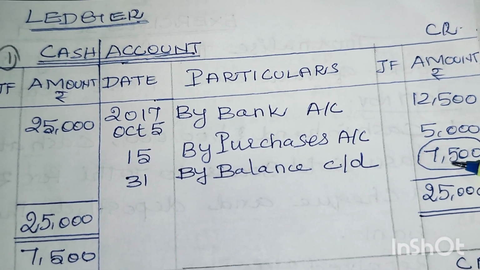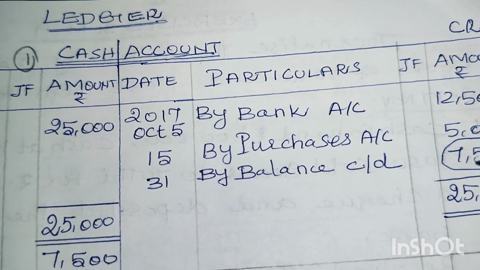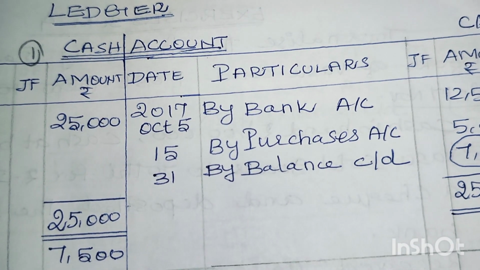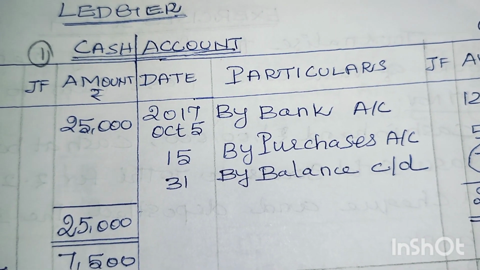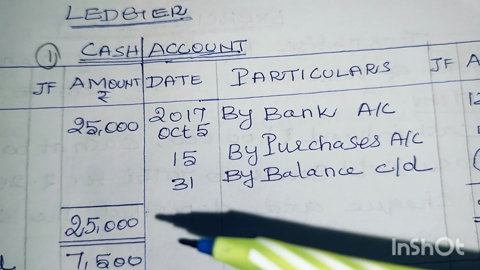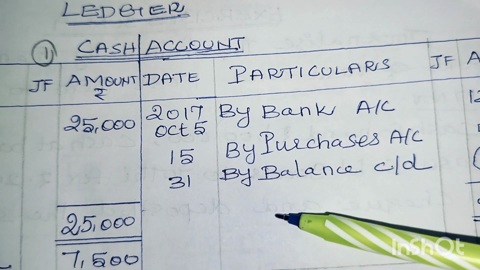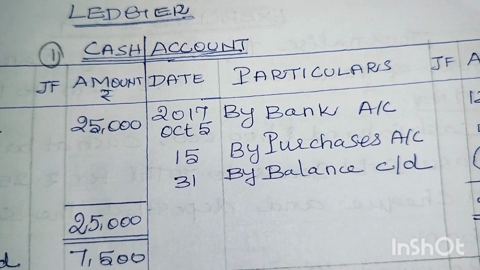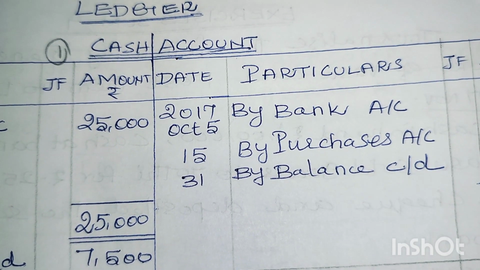Now balance carried down is to be entered in the particular column against the difference, and in the date column the last day of the accounting period is entered, that is October 31. Balance carried down means closing balance of the cash account. We closed the cash account.